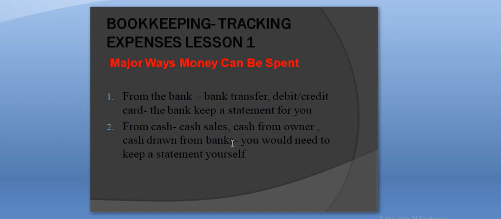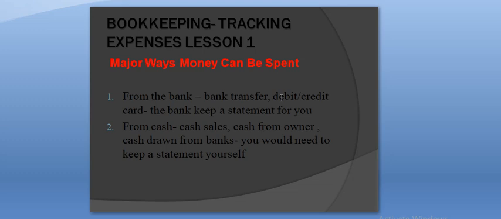So there are two major ways that money can be spent. Money can be spent from the bank, through bank transfer, through debit or credit card, through issuing a check.